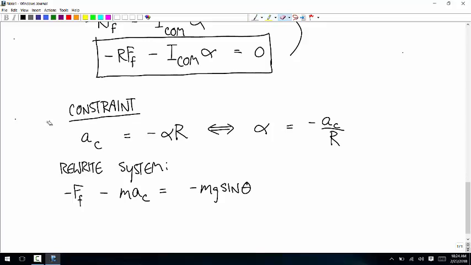And our second equation says negative RFF minus ICOM times alpha, but I'm going to substitute this in instead. So plus ICOM over R times AC is equal to 0.